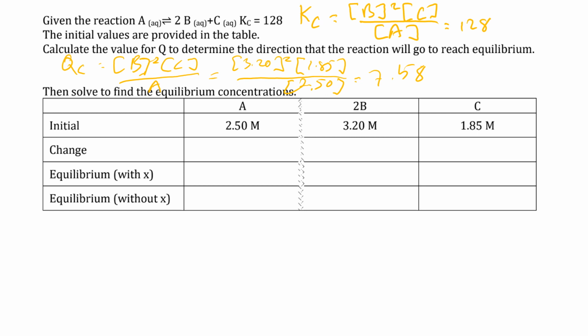They may want you to explain this in words. So Q sub C is less than K sub C, therefore it proceeds to products to make Q bigger.